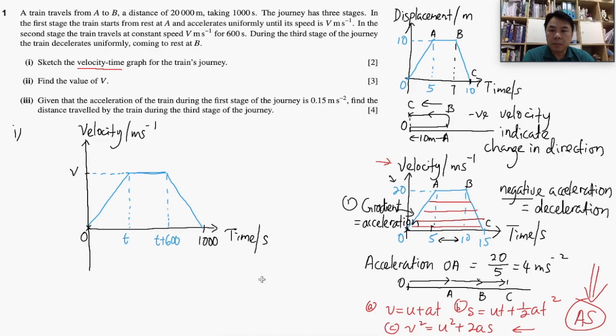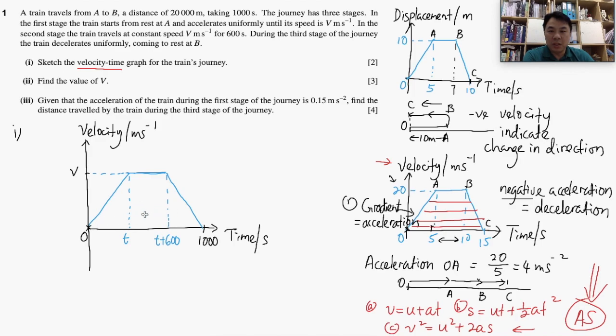Next, number 2, we need to find the value for v. Now in this case, we know that the total journey is 20,000 meters. Just to recap, the total journey is represented by the area under the graph here.